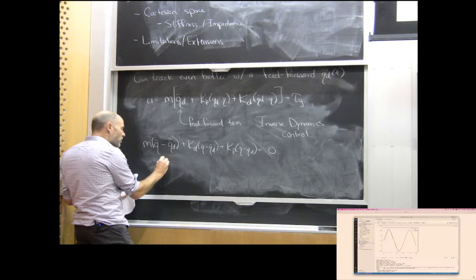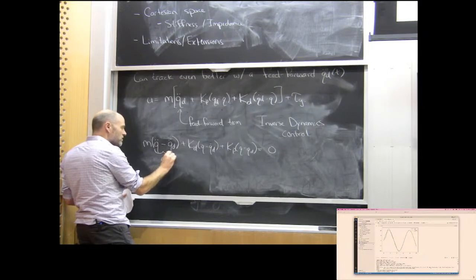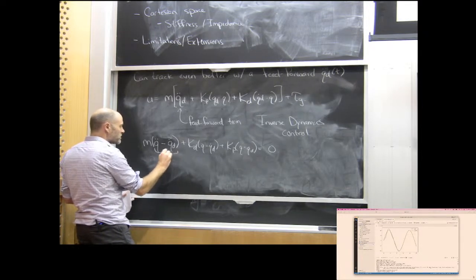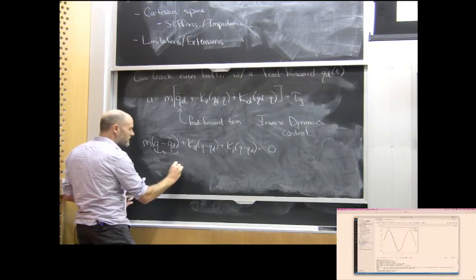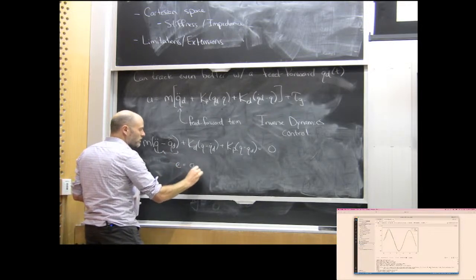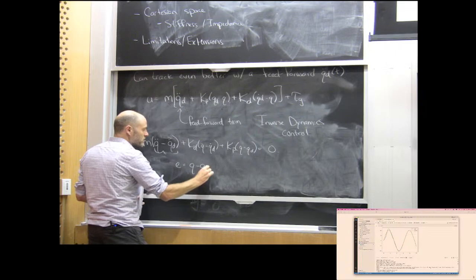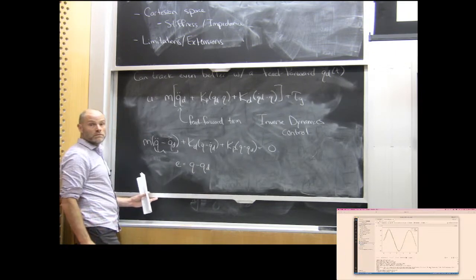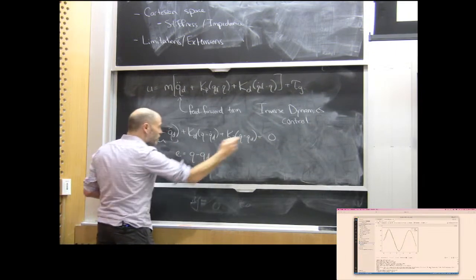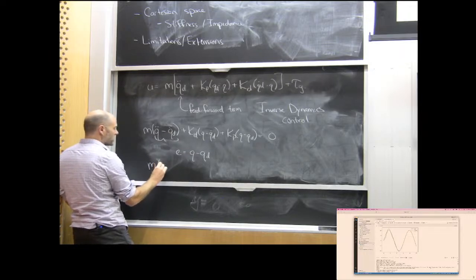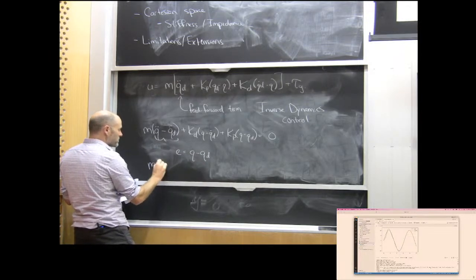And if I were to just call this term E, if I define E to be my error, I'll call it Q minus Q desired, then I could write this same equation, and you'll see this often in the multi-body manipulator control world.